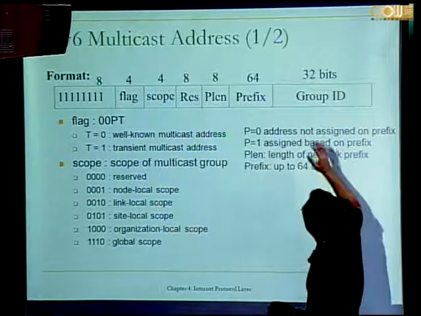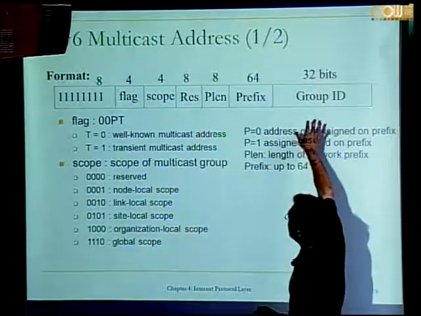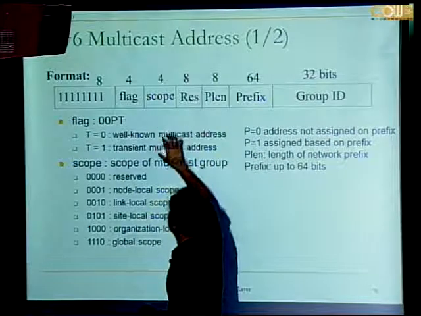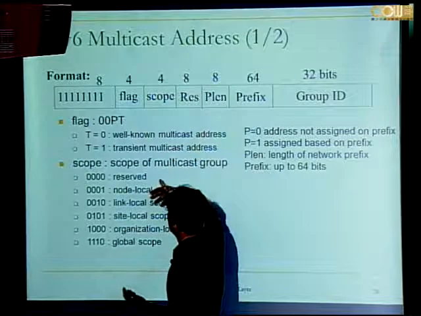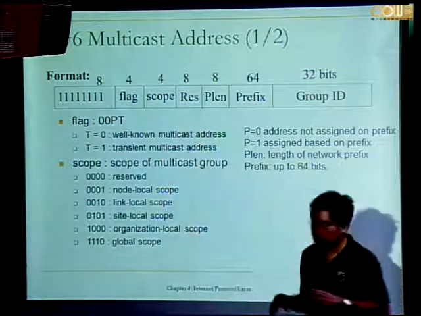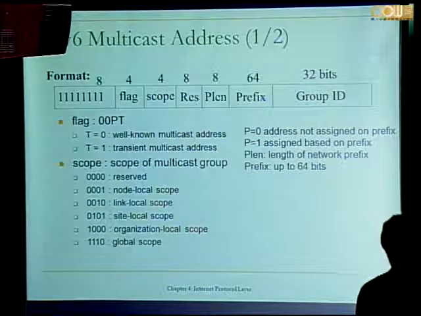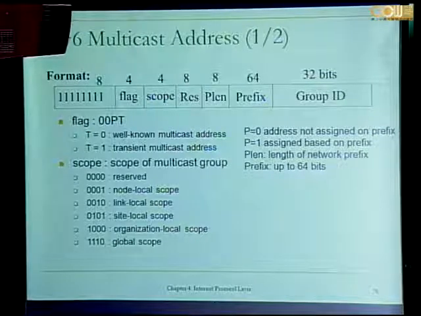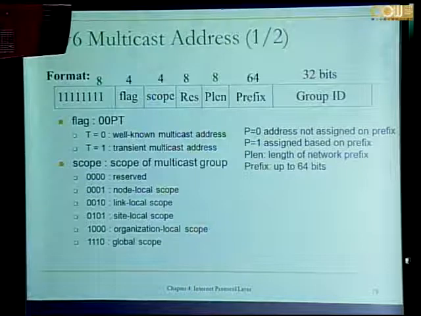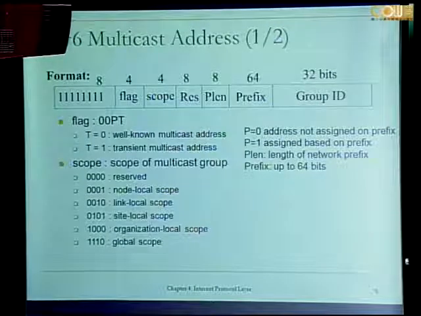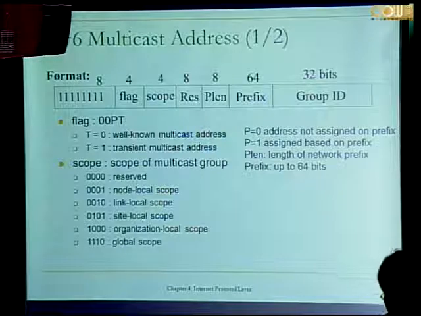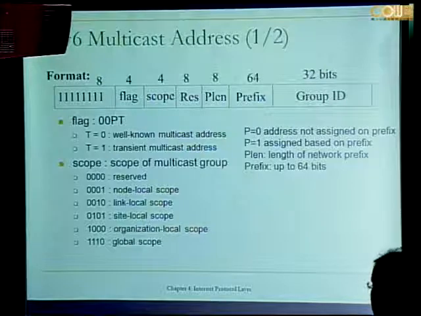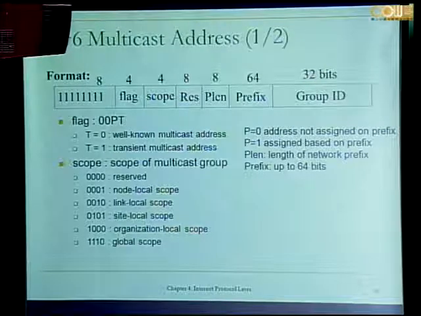Suppose I'm using the multicast group ID, but I also put the scope here to limit my multicast to a very limited scale. For example, link local. So even though out of this link local scope there are also multicast members, since I limit the scope to link local, members who are outside this scope would not receive the packet multicast to this group ID.